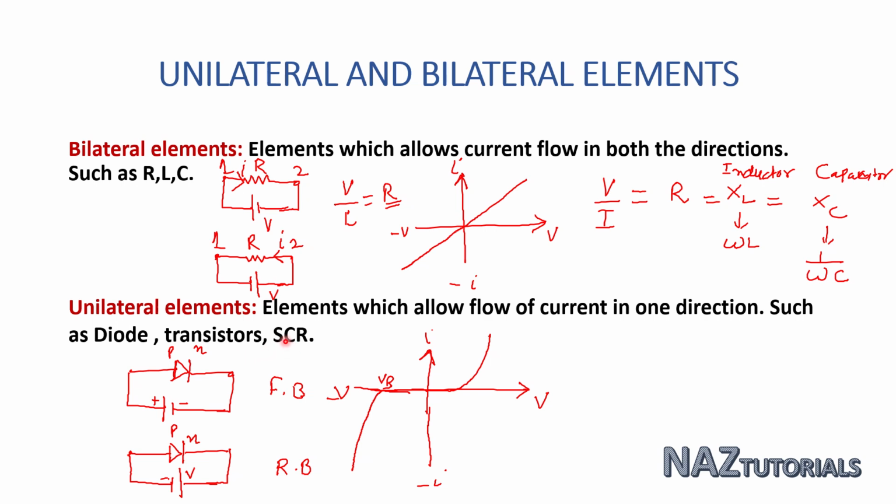The basic definition is that elements which allow current flow in both directions are bilateral elements, and elements which allow current flow in one direction are unilateral elements.